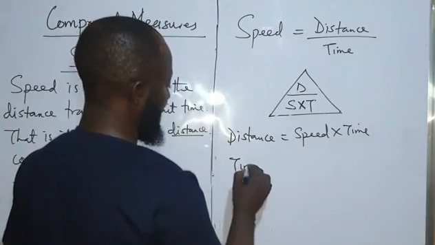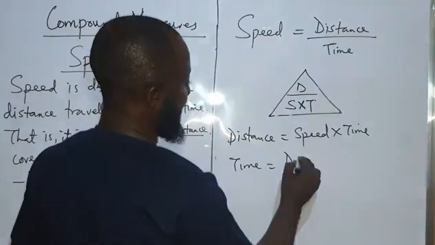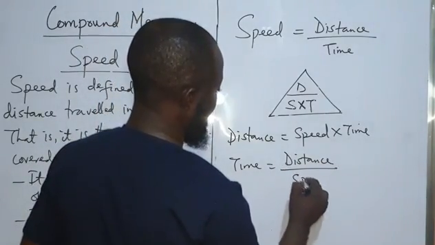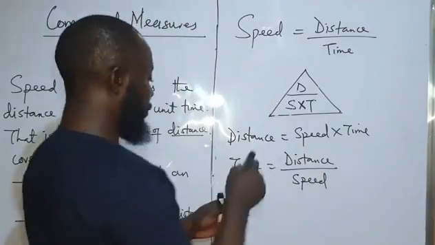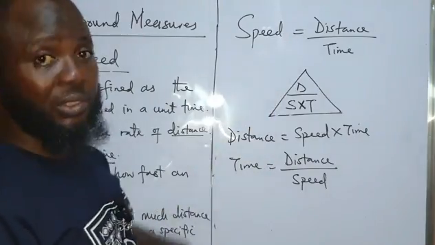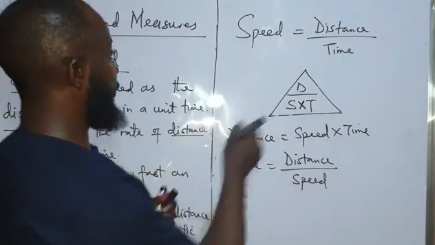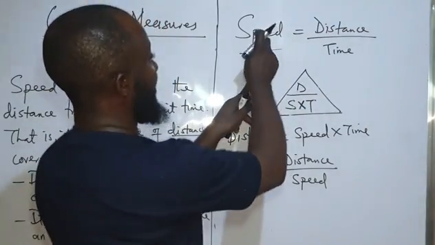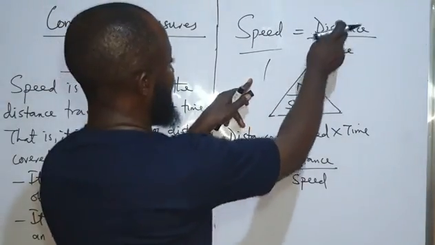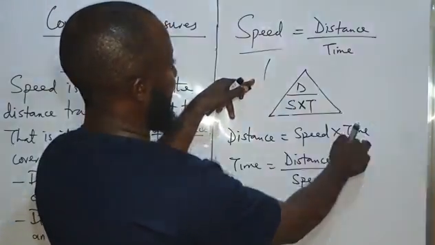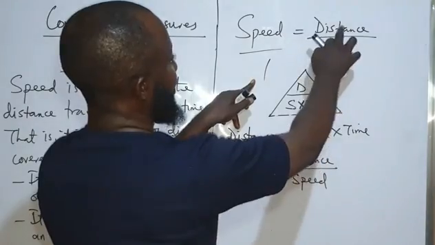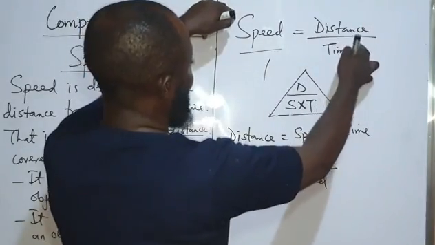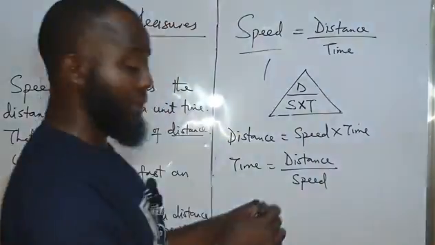So time is distance divided by speed. If we use change of subject of the formula here, you arrive at the same thing. If you want to find distance, when you cross multiply, speed multiplied by time will give us distance. But if we are looking for time, the speed will divide distance. That is distance divided by speed. You can see, it is the same thing.